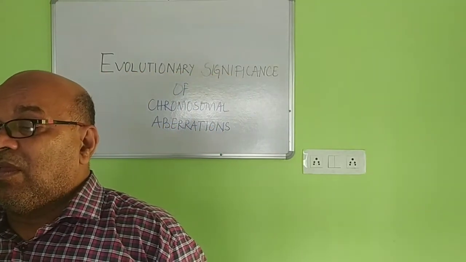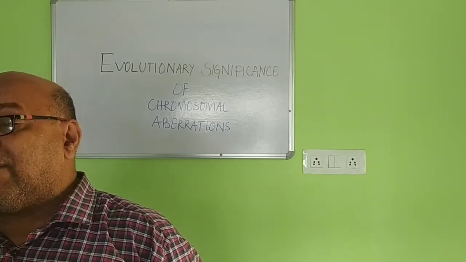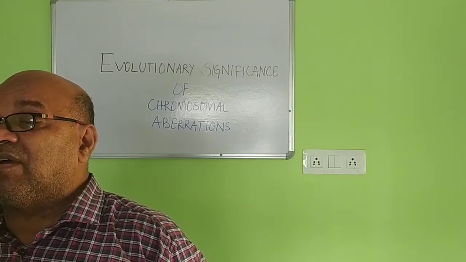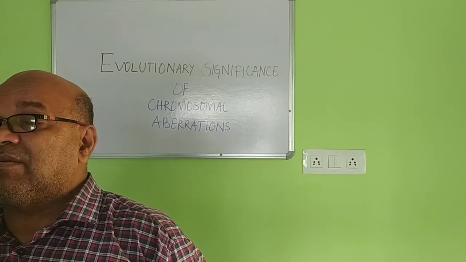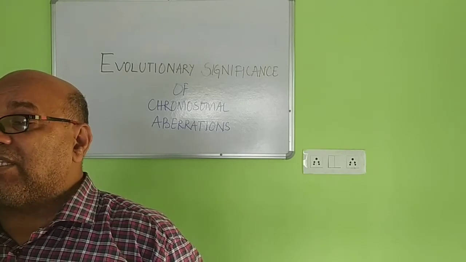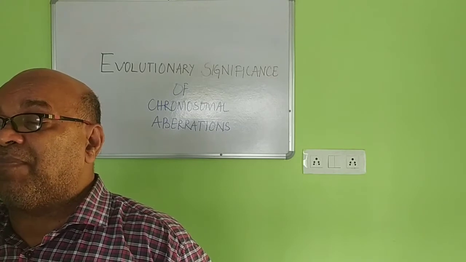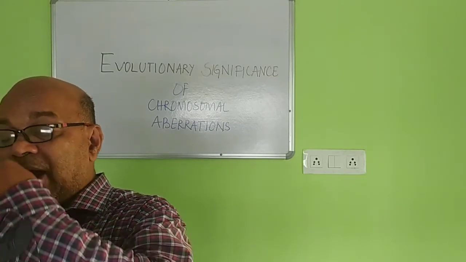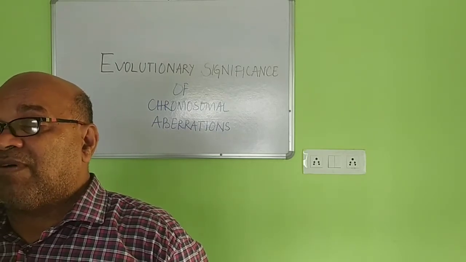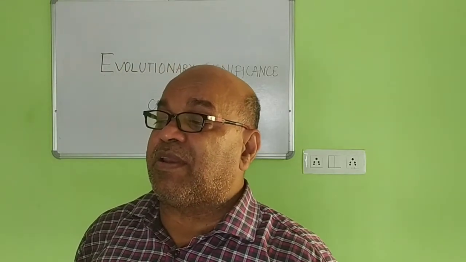Okay? I explained what chromosomal aberration is and its relationship with the population. You already know chromosomal aberrations are an important source of variation in a population, partly due to position effect and partly due to the formation of chromosomes with a different number and arrangement of genes.